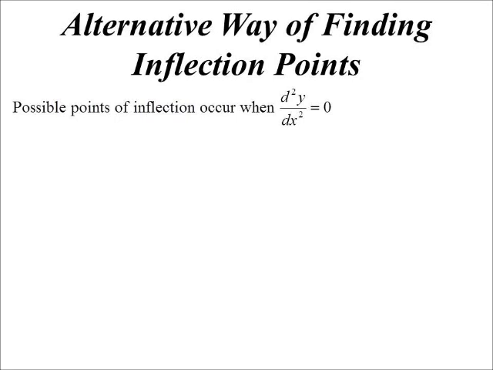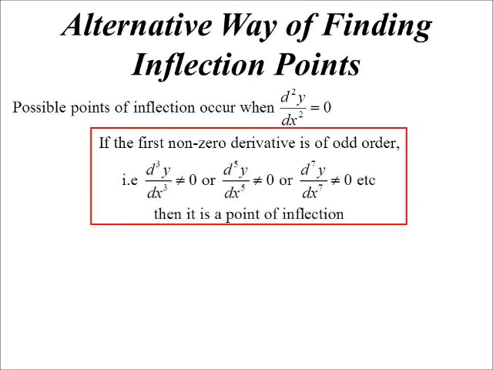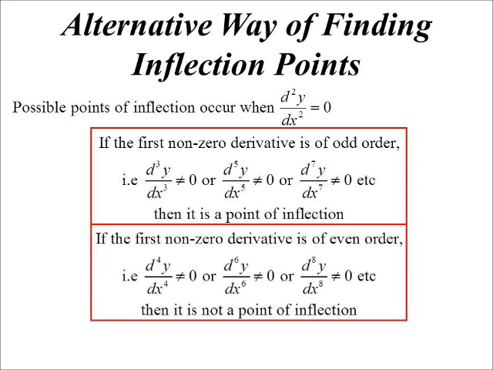This is the actual rule. The actual rule is, if the first non-zero derivative is even, then it's not going to be a point of inflection. It's probably going to be a turning point. And we know that one is over there, minus x to the 6.